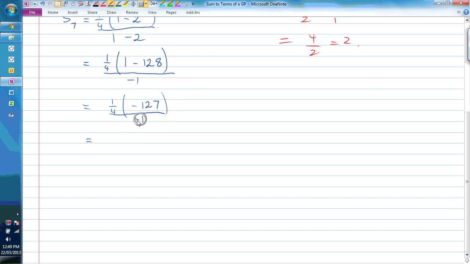Now, when you're dividing by just negative 1, it's just like multiplying by negative 1. It's only going to change the sign here. So we've got two negative signs. They're basically going to cancel out. I'm going to get 127 divided by 4.